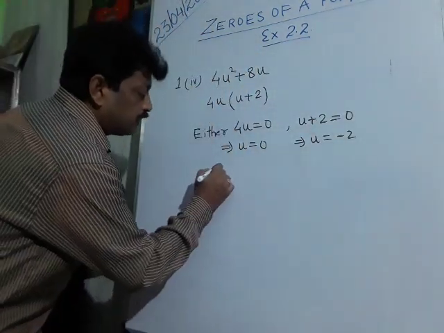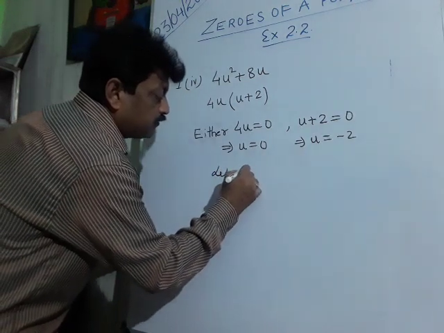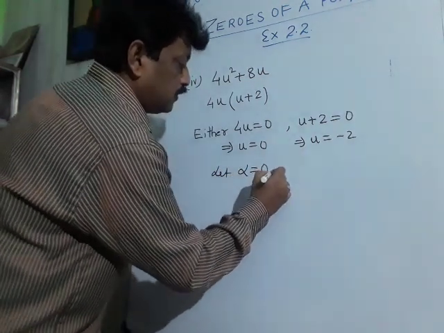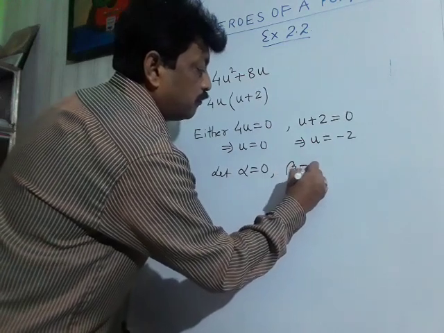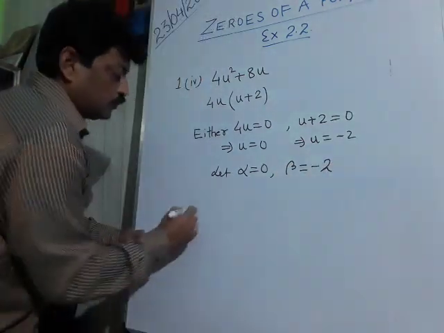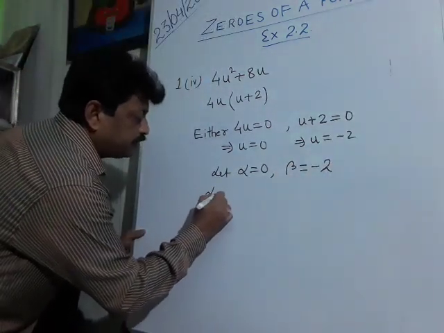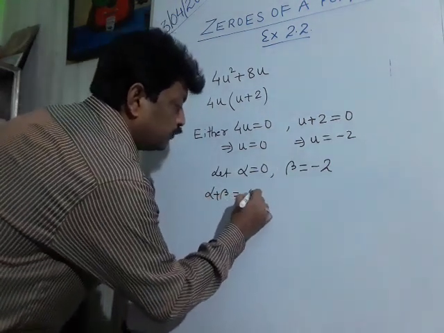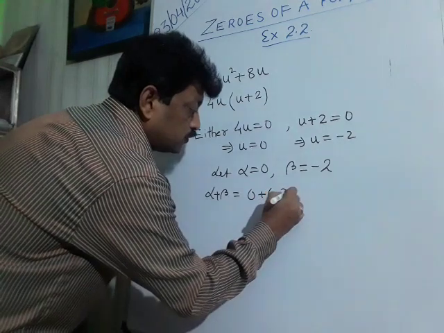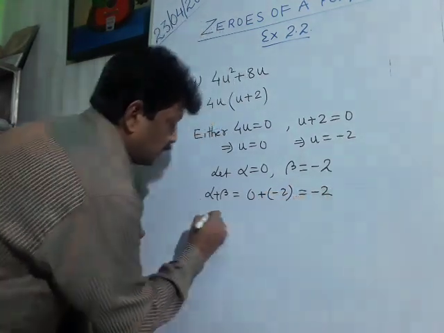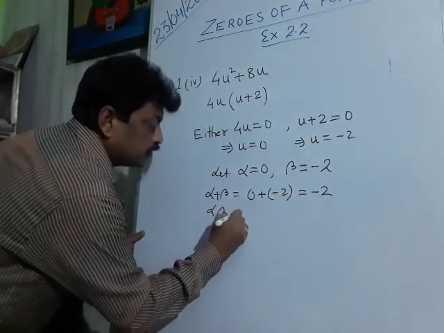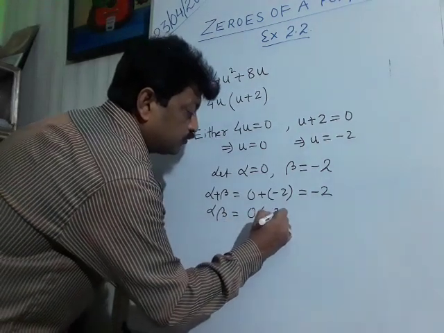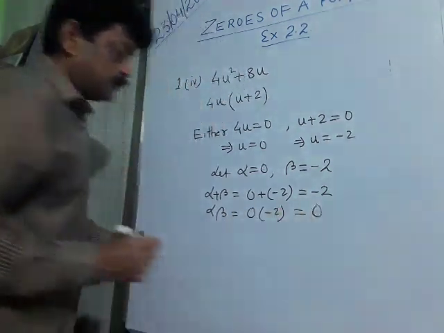So let alpha equal 0 and beta equal minus 2. So sum of the zeros, that is alpha plus beta, is equal to 0 plus minus 2, that is minus 2, and alpha into beta equals 0 into minus 2, so that is 0.